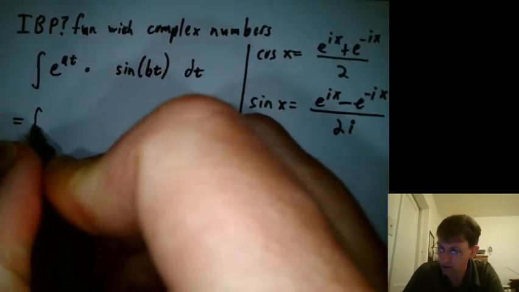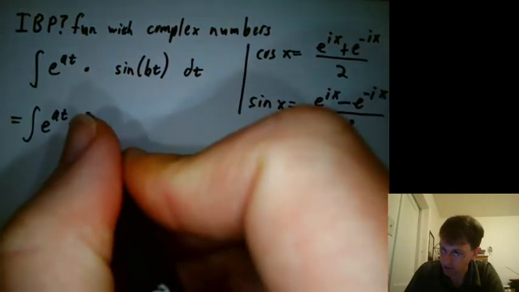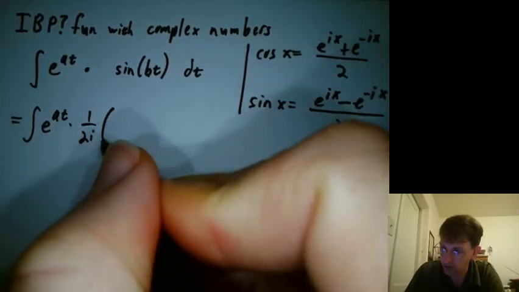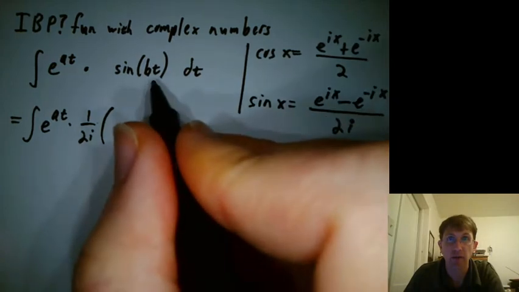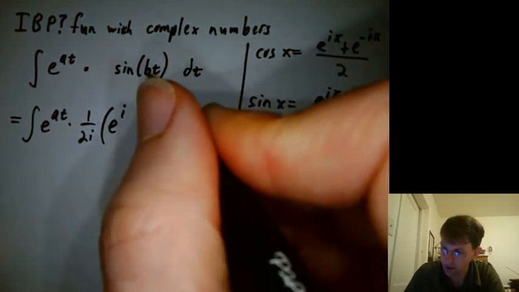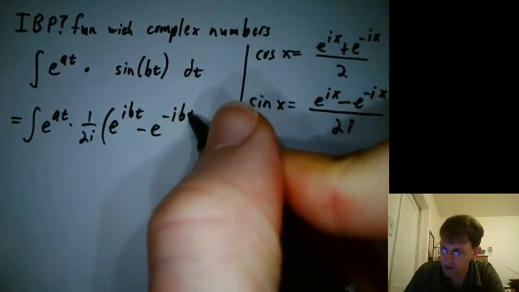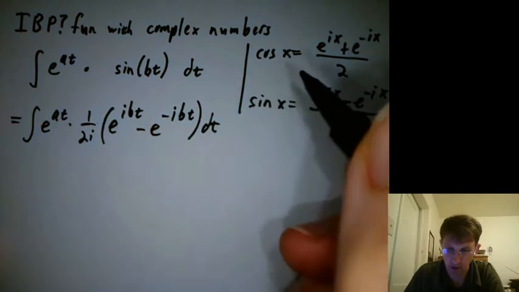So we'll have the integral of e to the at times, I'll write the 1 over 2i here to give myself some room, e to the ix, but x is bt, minus e to the minus ibt, dt.